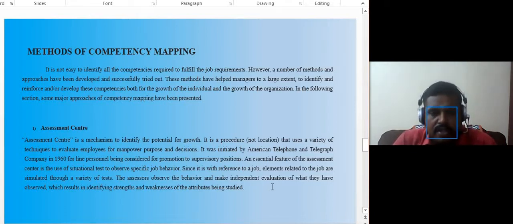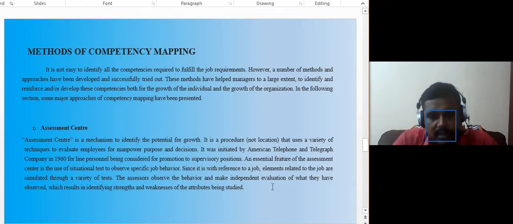It was initiated by American Telephone and Telegraph Company in the 1960s for line personnel being considered for promotion to supervisory positions.